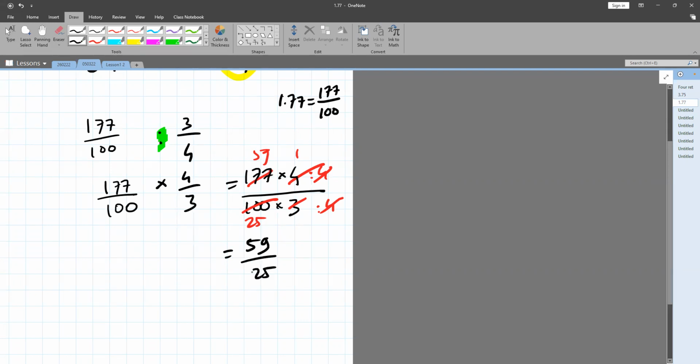Okay. Now, here's the problem, because when you're trying to make it into a decimal, normally the denominator is a multiple of 10, right? For example, 10, 100, and then 1000. You want to get 10 or 100 or 1000 and so on.